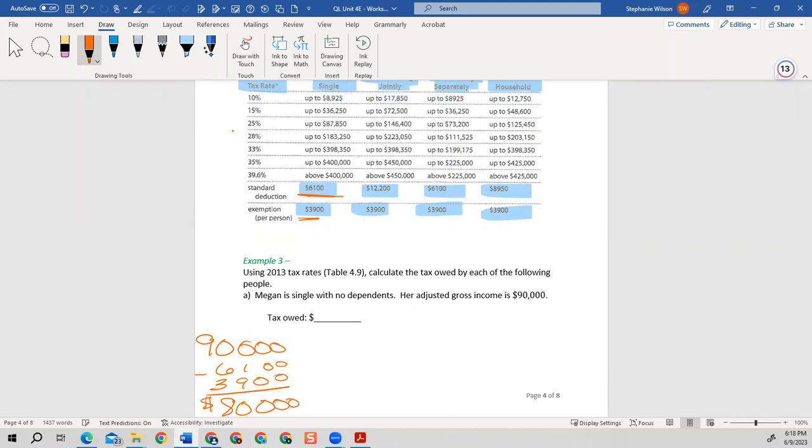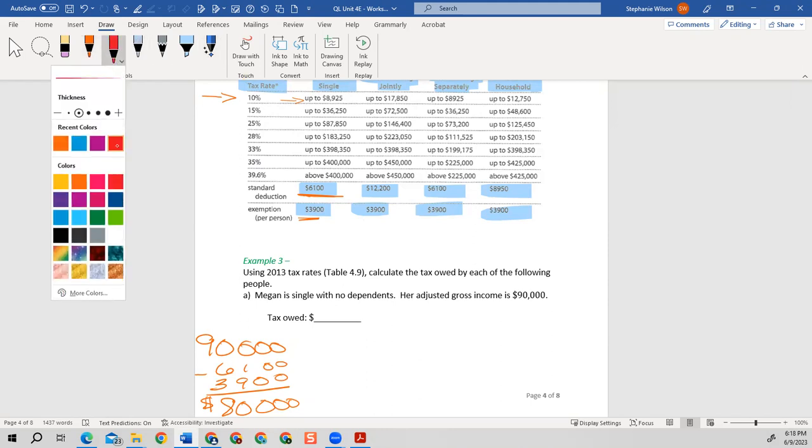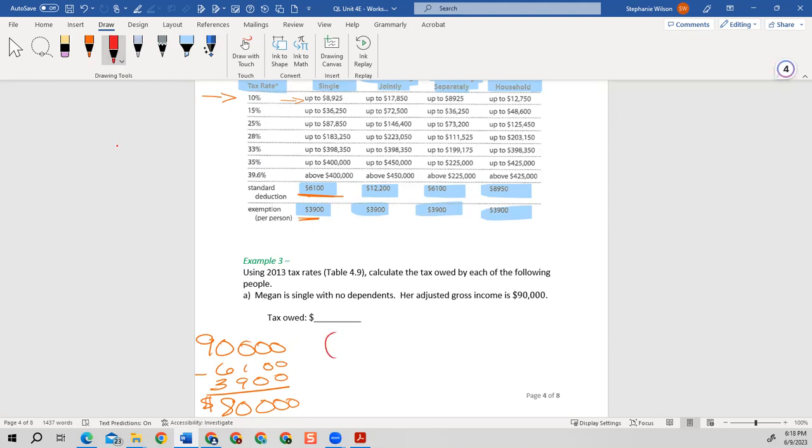All right, so let's talk about this $80,000. How do we determine her tax here? By using this chart. Let's look at it. It says 10% up to 8,900 or 8,925. Okay, sounds better that way. So let me set this up right quick in a certain format. We've got 10% times, I'm going to use an X, 8,925.